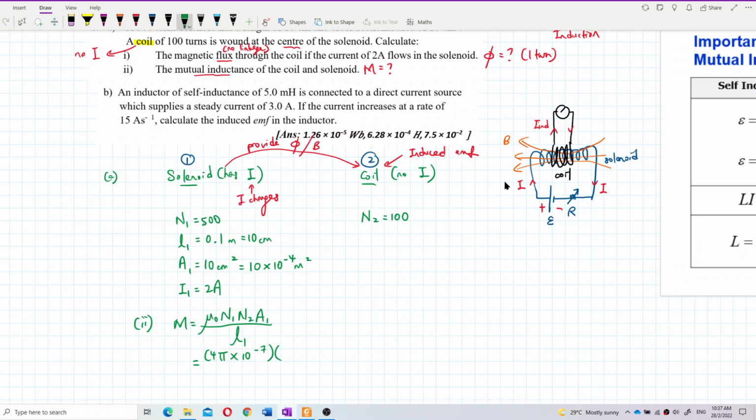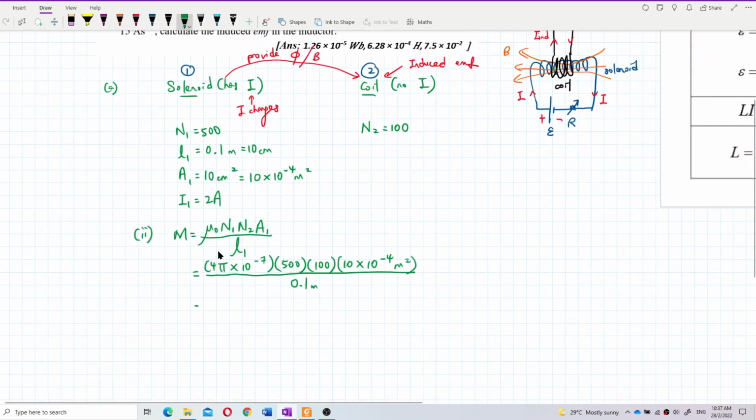N1 is 500 turns, N2 is 100, and A1 is 10 cm squared, changed to SI unit, so it is 10 exponent negative 4 meter squared. Then divided by the length, which is 10 centimeter, so 0.1 meter.